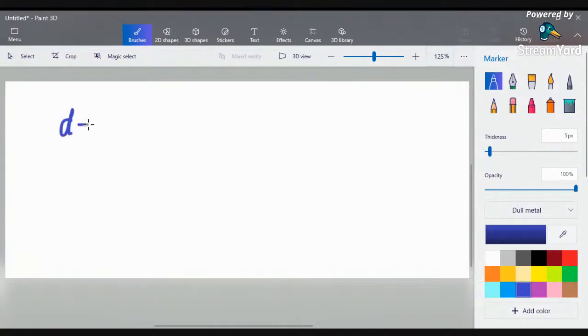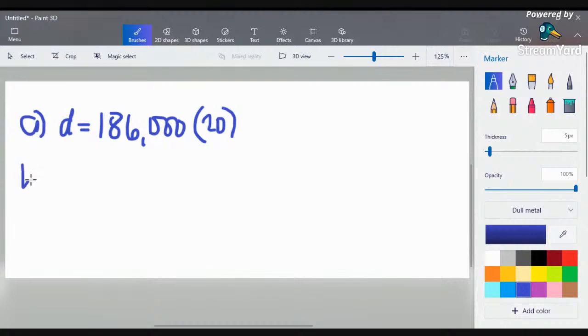So D is equal to 186,000 times t in seconds, which is 20 seconds. Okay, so that is for question letter A. Please solve that. And for question letter B, we have 1 minute.